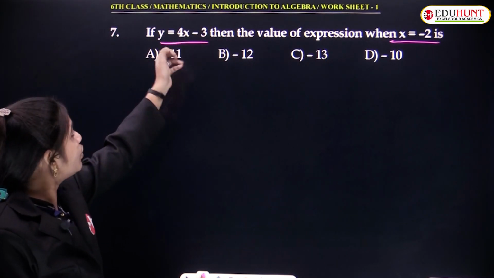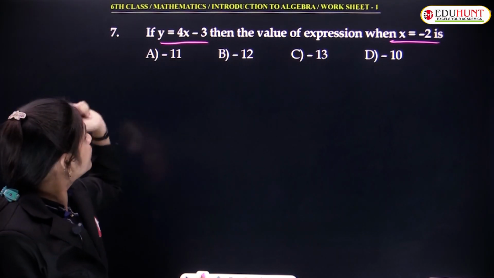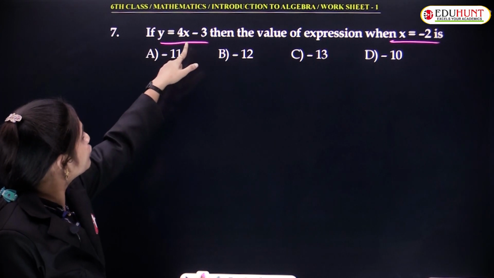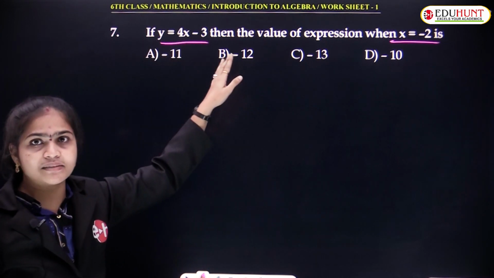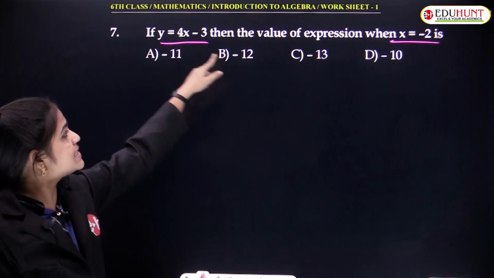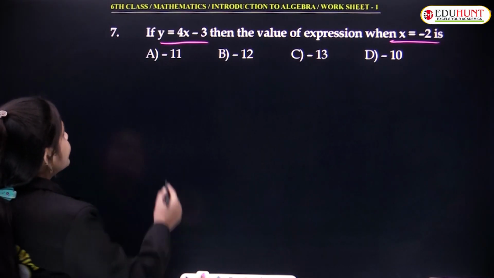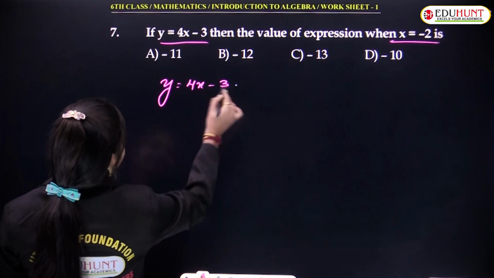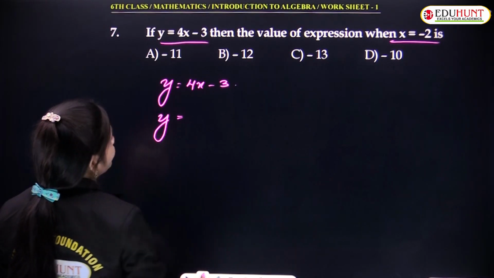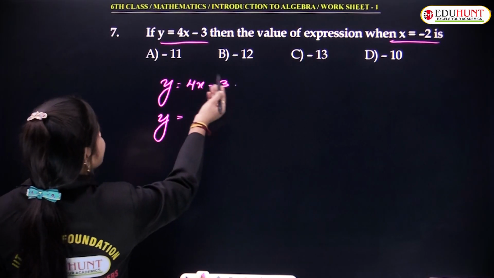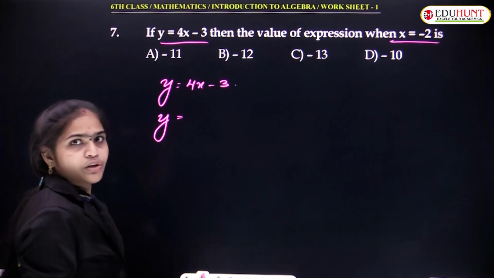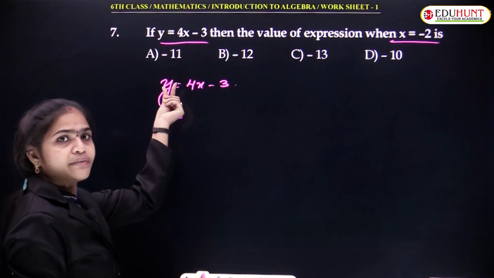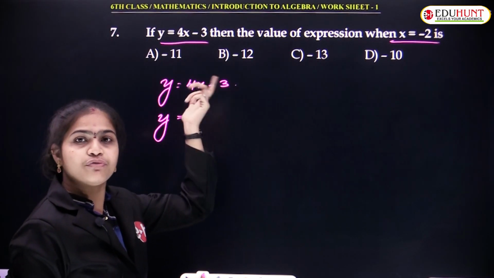We have to find the value of y after substituting x equal to minus 2. The expression means this value they are asking, which is y. So simply they are asking the value of y.